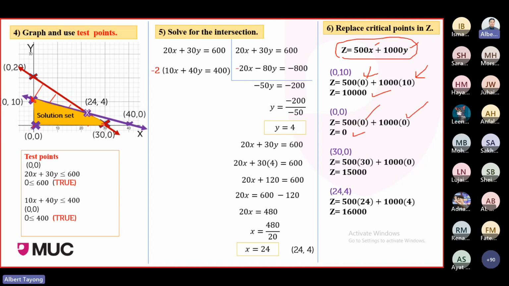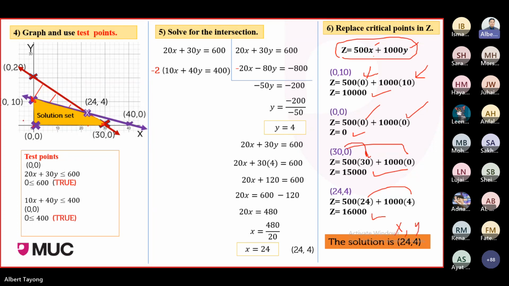For 30, 0, change x to 30 and y to 0. Answer is 15,000. And here we're going to change our x and y to 24 and 4 respectively. The answer is 16,000. So our decision is we have to have x equals 24 and y equals 4 for us to have the maximum profit. Okay?